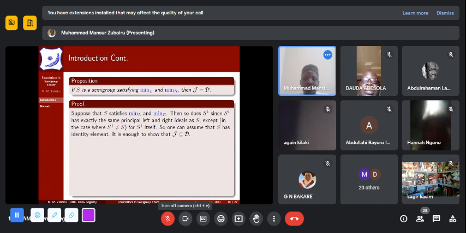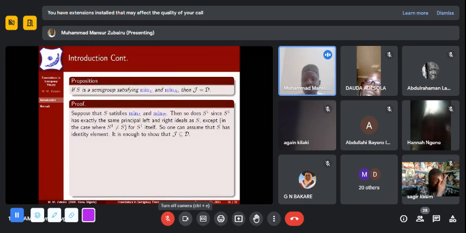It is just enough to show that J is a subset of D, because D is always a subset of J, so once you show this, the equality holds.